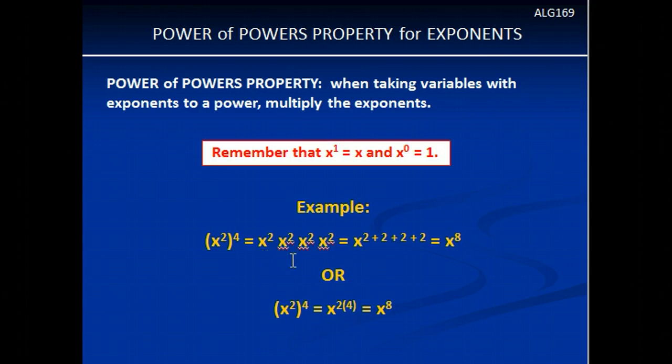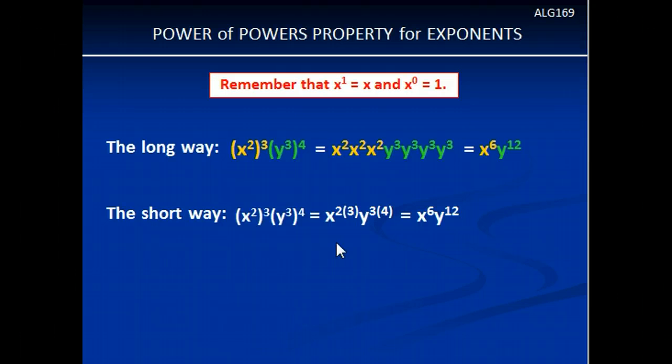So I have x squared times x squared times x squared times x squared, which means I have x to the, we could add all of these exponents, 2 plus 2 plus 2 plus 2, which is x to the 8th. But why go to all that trouble all the time? We can just say x to the second to the fourth power is x to the 2 times 4, which is x to the 8th.